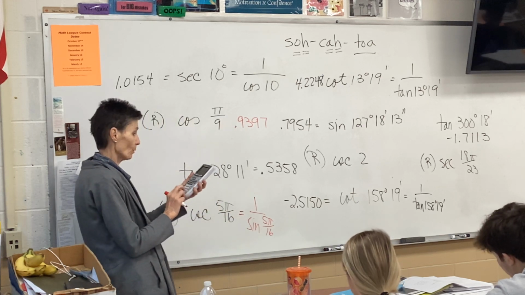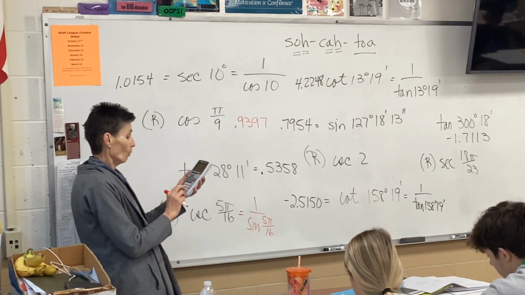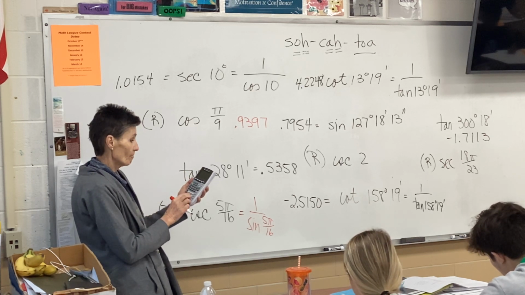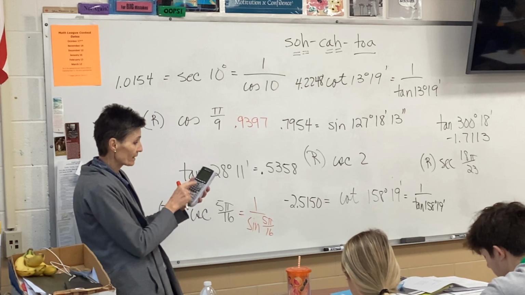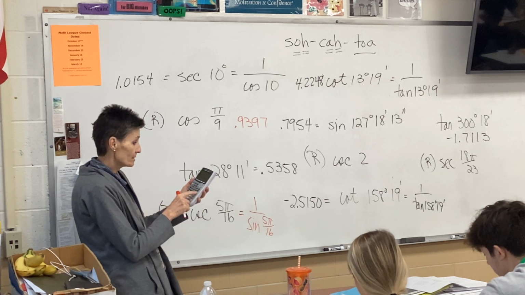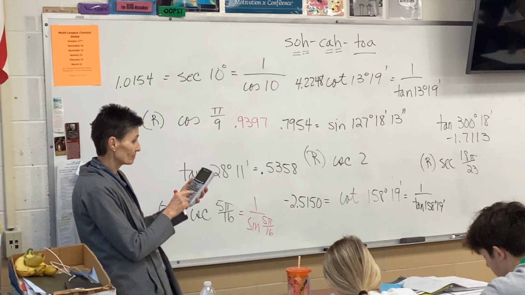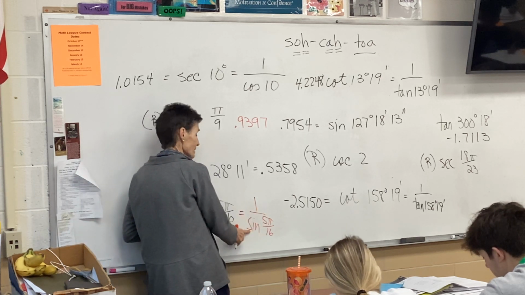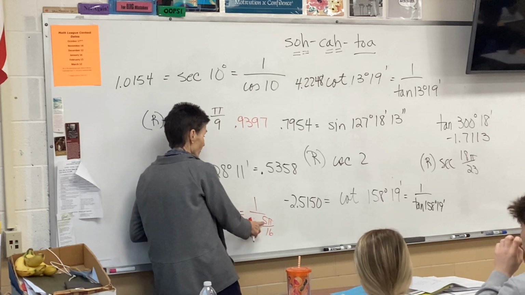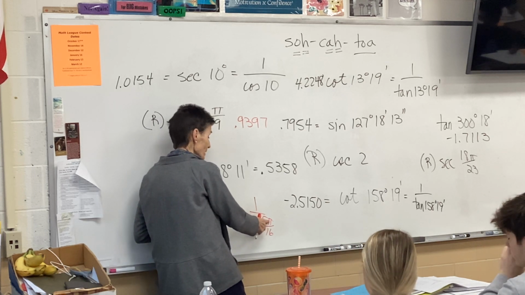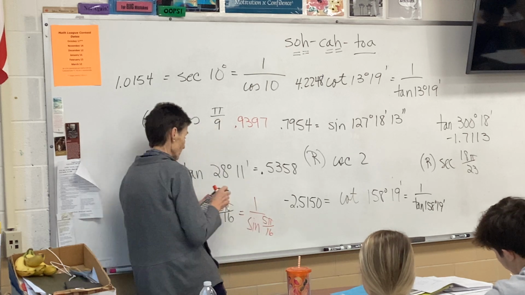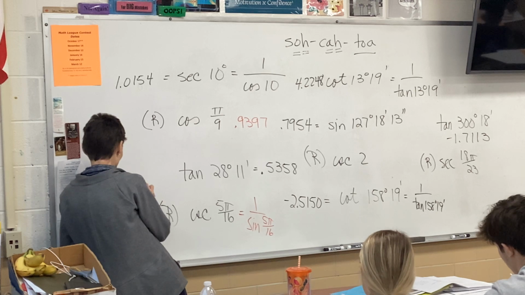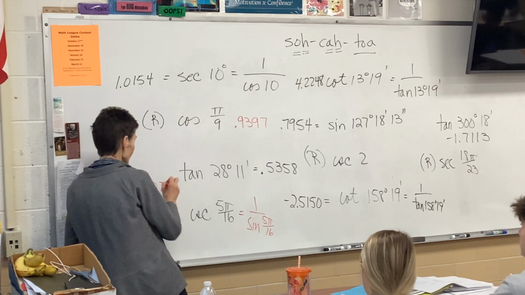Alright, so literally type 1 divided by sine 5 second pi divided by 16. So 1 divided by sine 5 second pi divided by 16. And you should get what? What did you come up with? 1.2027?